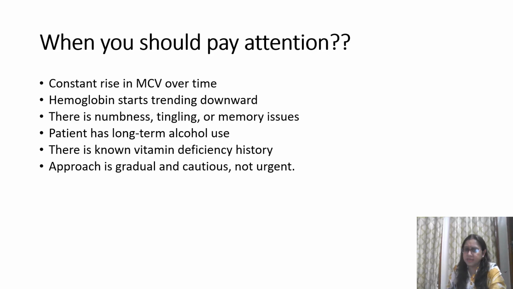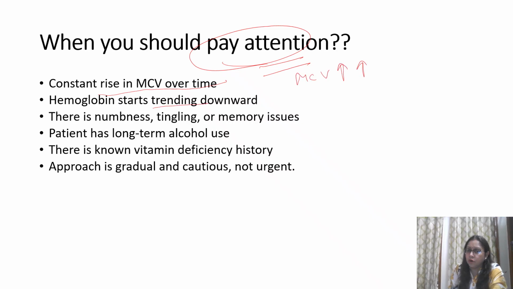Then when should you pay attention? When it is important for you to take notice that yes, these parameters need to be monitored. Like in the second or third CBC test results, you are getting a constant rise in MCV over time and your hemoglobin is starting to decrease. So the MCV that was already increased keeps rising. Hemoglobin, which was in the normal range, is decreasing, coming to a downtrend, right?